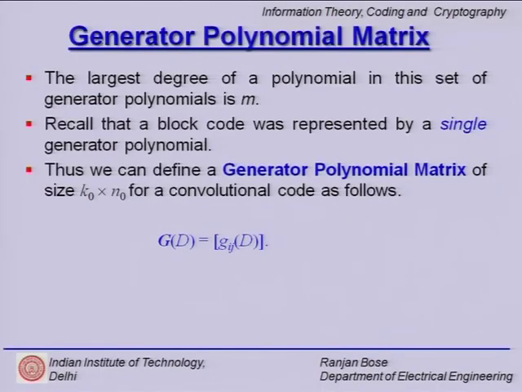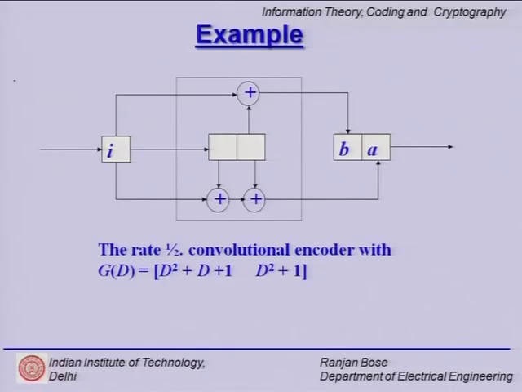A block code, if you recall, was represented using a single generator polynomial, but here we will have a generator polynomial matrix linking the input to the output. Finally, we have to link say k naught input bits to n naught output bits through a delay register. So, let us look at a very simple example.